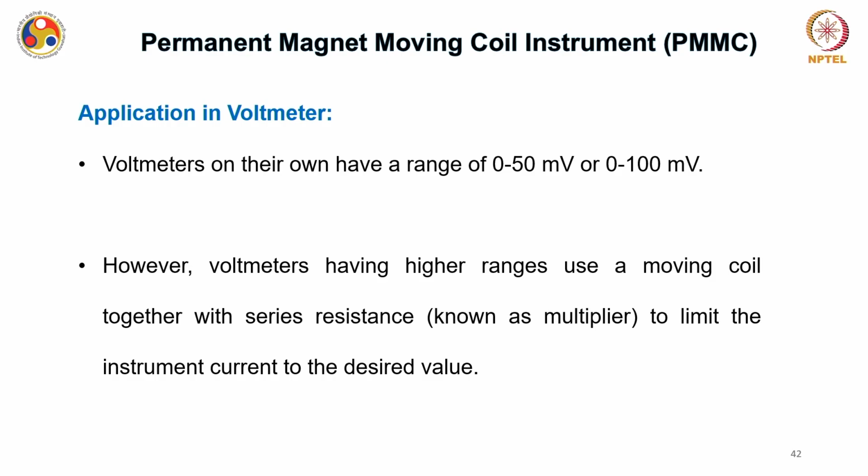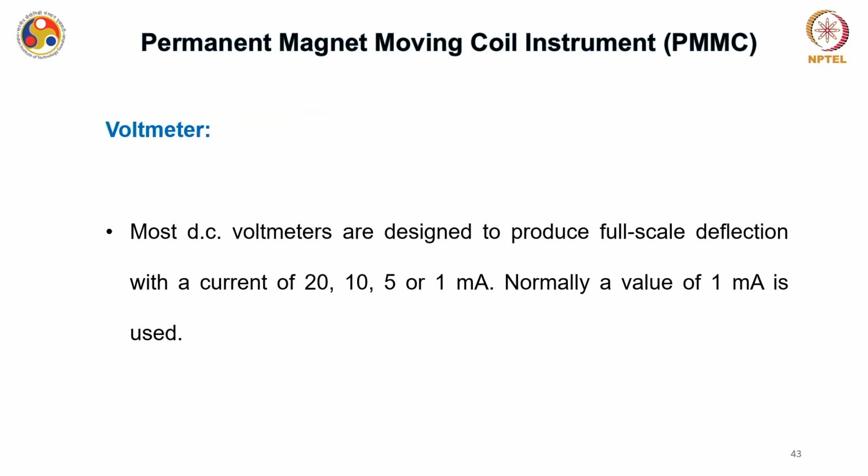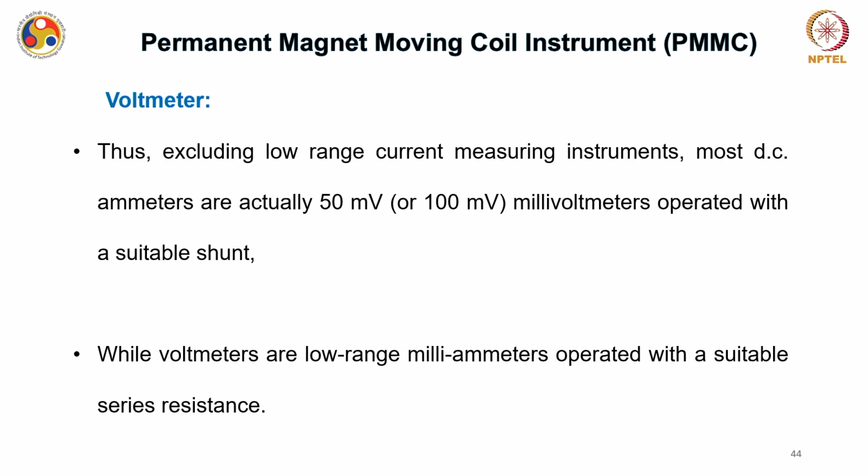We came across this multiplier when we were talking about galvanometers, when converting them into different kinds of ohm meters. This is a very similar concept: to define a voltmeter of higher range, you utilize a moving coil together with a series resistance, known as the multiplier, to limit the instrument current to the desired value, and that's how voltmeters are usually manufactured, even low range voltmeters based on this PMMC tool.